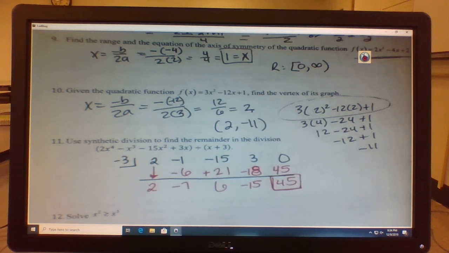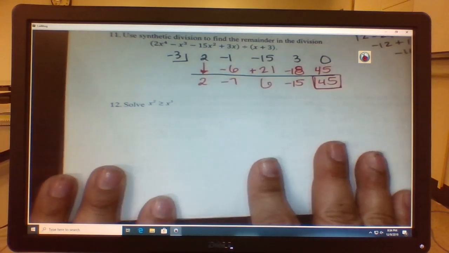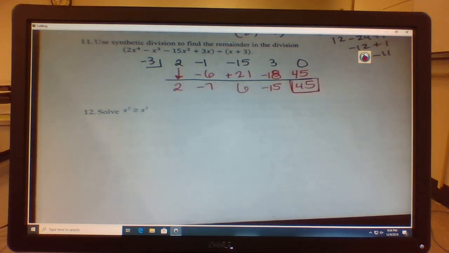Number 12 is exactly the same question on your test. So, number 12, we kind of covered it, kind of didn't. But when you look at problems like this, you're always trying to solve for x, and on the road to solving for x, we need to keep the largest exponent positive.